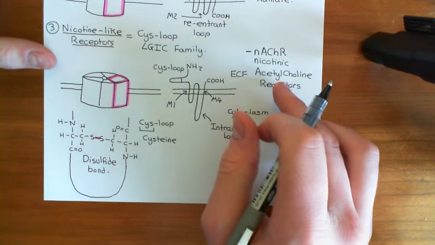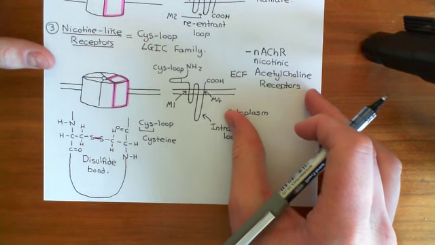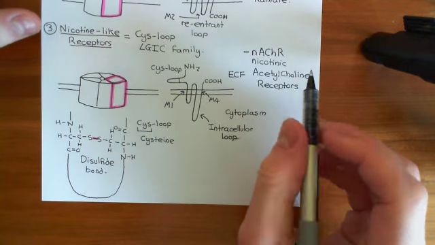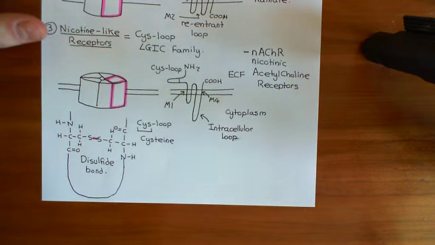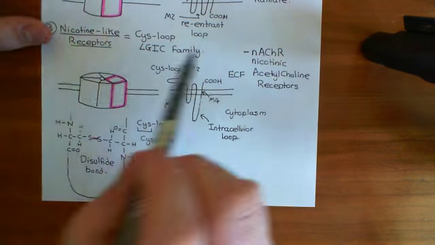So it's a good thing that nicotine does not stimulate all nicotinic acetylcholine receptors. Nevertheless, the entire family is named after the fact that nicotine stimulates them, or at least some members of that family.